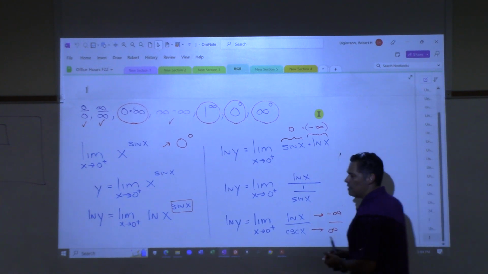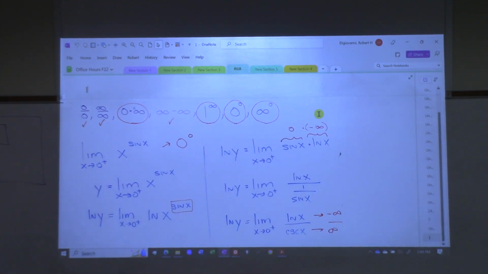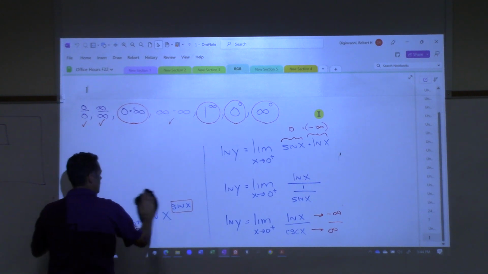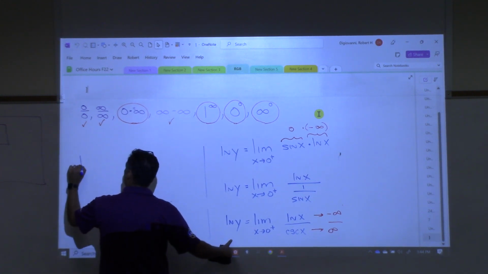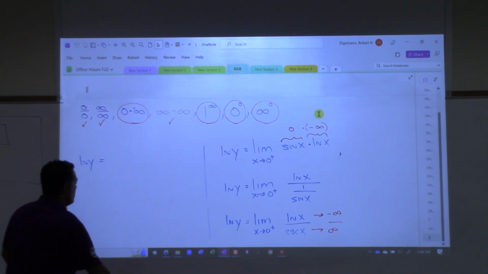So now you have infinity over infinity, don't you? And now you can use L'Hopital. Finally, we've gotten it to L'Hopital, right? Yep, natural log of y is going to come this whole time. Keep writing it. It's like you're writing two sides of an equation, just the whole way down.